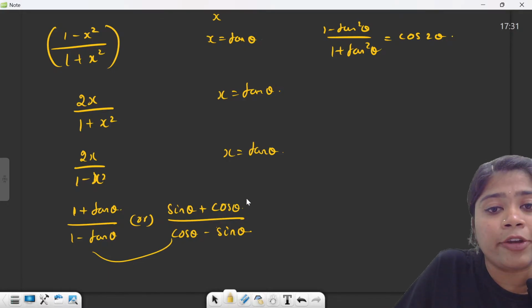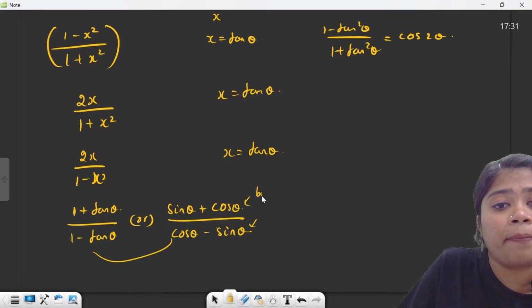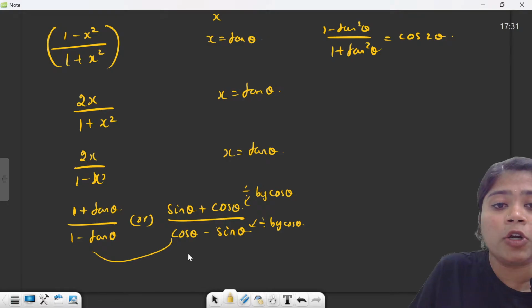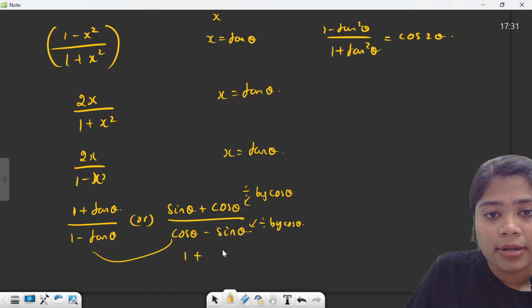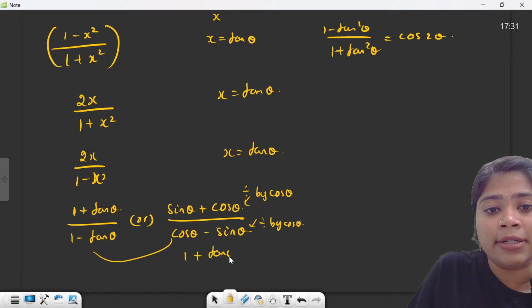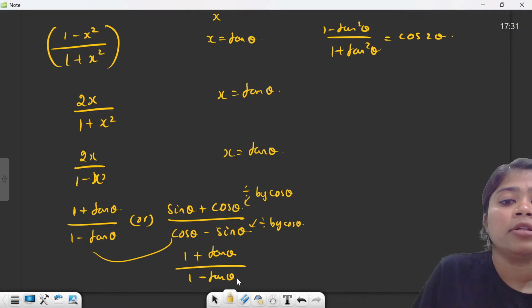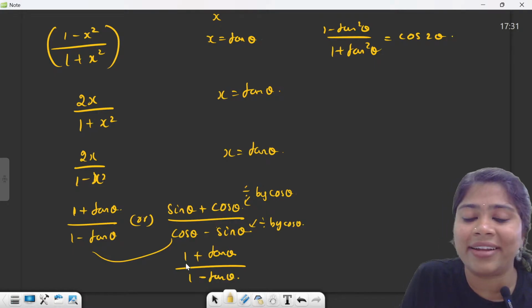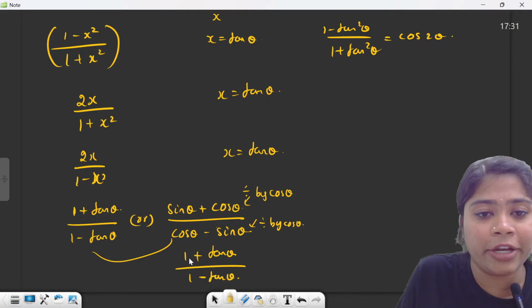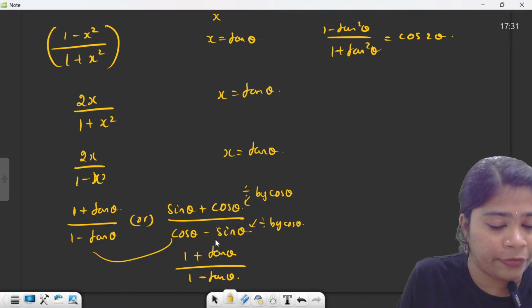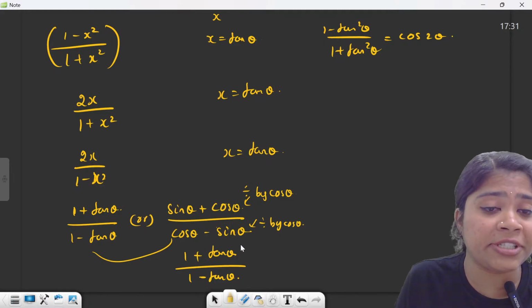When I divide the numerator and denominator by cos theta, what do I get? Look, 1 plus tan theta divided by 1 minus tan theta. Tan theta plus 1 and 1 plus tan theta are both the same. Okay, so don't get confused, both the expressions are same.